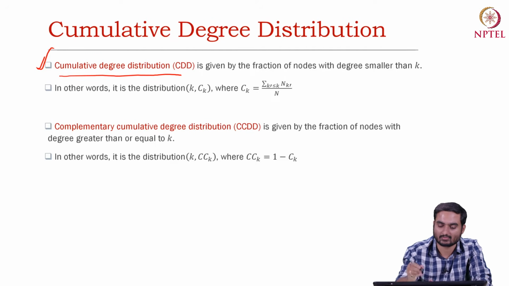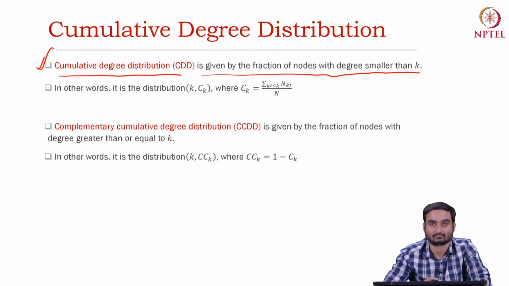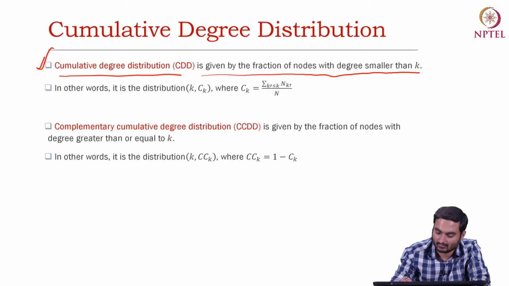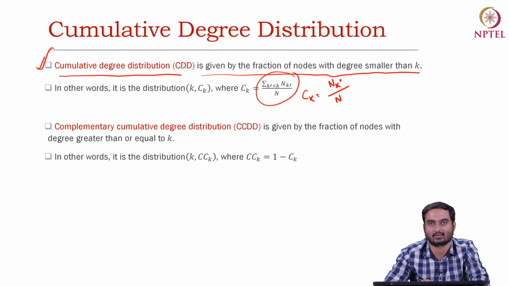Cumulative degree distribution is given by the fraction of nodes with degree smaller than or equal to k. So Ck is the sum of Pk dash for k dash less than or equal to k. What does it mean? Say C3.